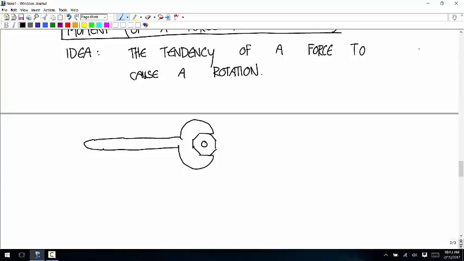And if you have 200 newtons of force available to turn this bolt, you want to apply that force here, or here, or here.